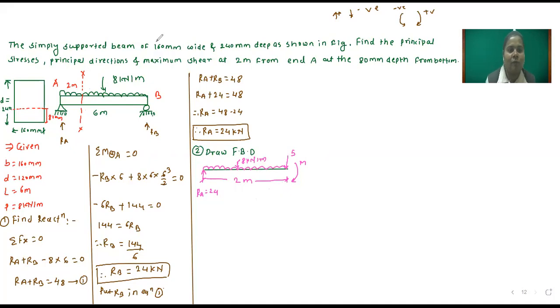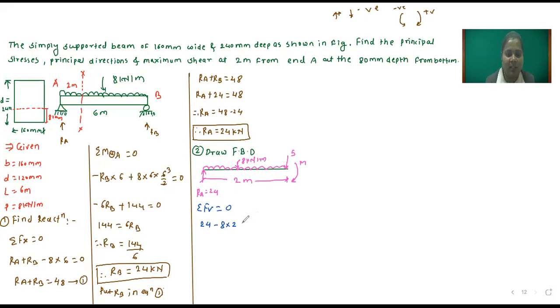So now first we will apply the first equation, that is summation FV equal to 0. That means vertical forces equal to 0. Whenever we consider vertical forces, upward we take positive and downward we take negative. So this 24 going upward, so 24 minus this 8 kilonewton going downward, so 8 into 2, which is equal to 0. Sorry, one force is remaining.